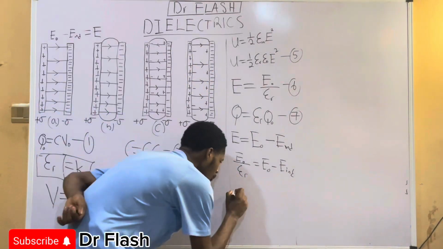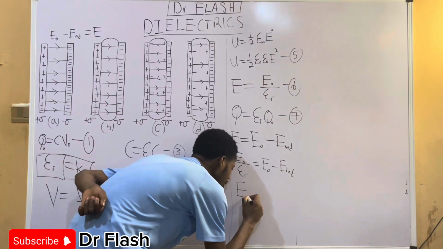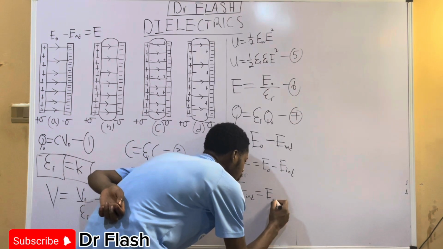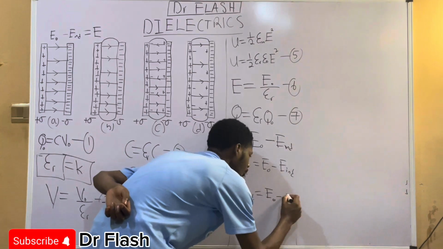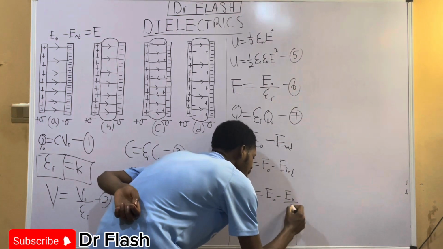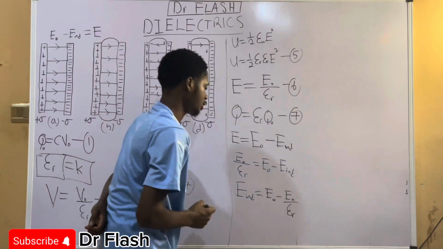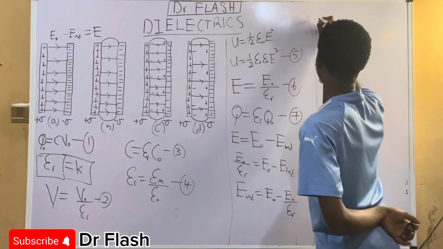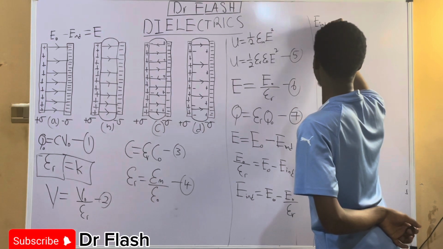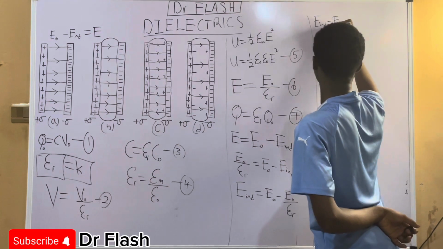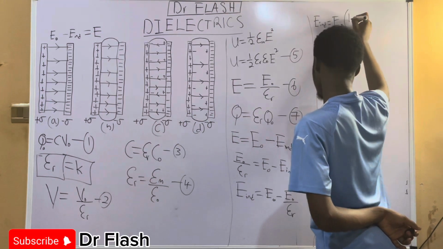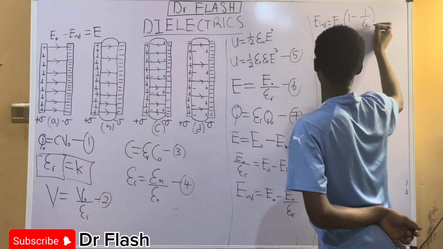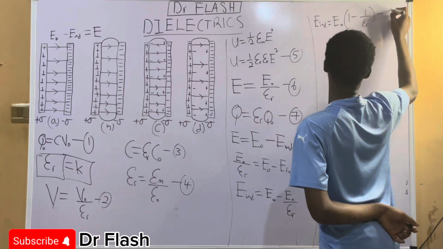If I do that, I'm going to get the induced electric field is equal to E naught minus E naught divided by relative permittivity. Okay, now if we continue with that, we're going to get the induced electric field intensity equal to the initial electric field intensity times, in brackets, 1 minus 1 over relative permittivity. Let's call this equation 8.